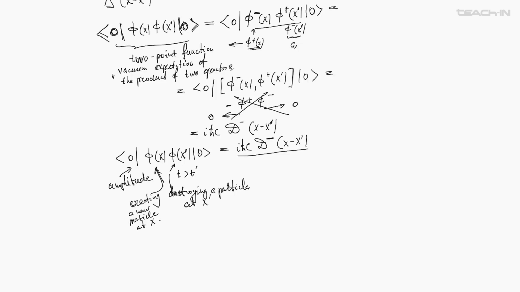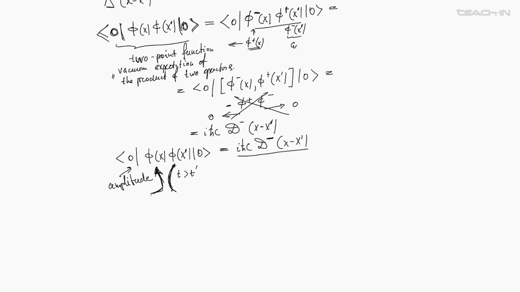And this is something which we will do in the second part of the course when we come to the discussion of the advanced topics. So let's say it once again very clearly. If you look at what we have done here, we have split the field into a creation part and an annihilation part.